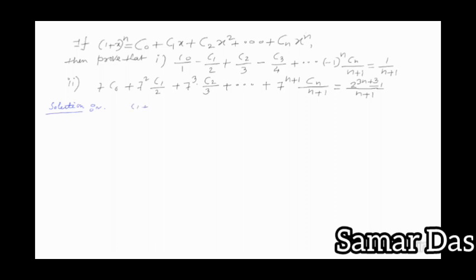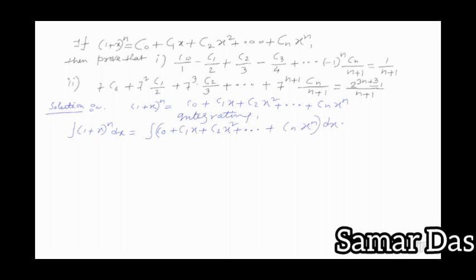See here, as you know, the binomial expression is (1 + x)^n = c0 + c1 x + c2 x² + ... + cn x^n. Okay. Now integrating both sides: the integral of (1 + x)^n dx equals the integral of (c0 + c1 x + c2 x² + ... + cn x^n) dx.